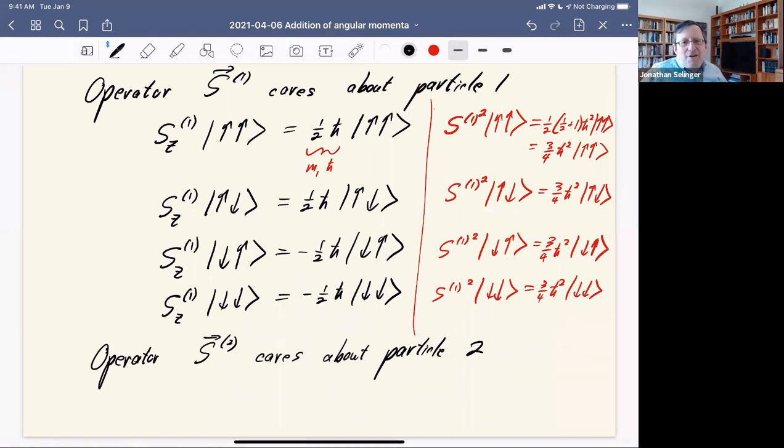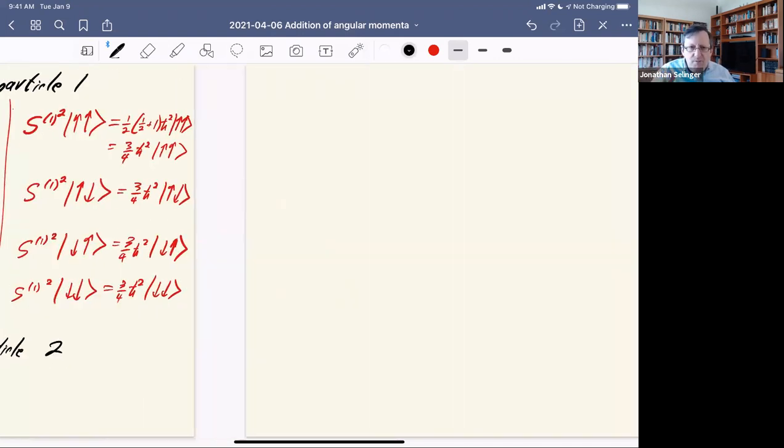But now they all depend on what's the second arrow instead of the first arrow. So it cares about whether the second arrow is up or down, and it doesn't care about what the first arrow does.